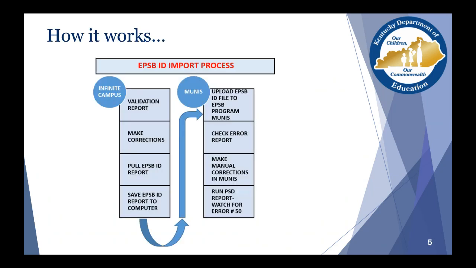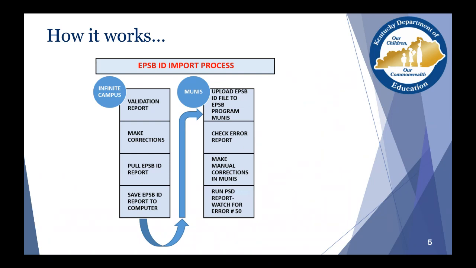So I wanted to give you a little grid. We're going to talk about each of these individually, but the EPSB ID import process begins with Infinite Campus. There are 2 reports that you can pull from Infinite Campus: the validation report and the EPSB ID report. You'll start out by pulling the validation report. From that report, you will make corrections. Once those corrections are made, you'll pull the EPSB ID report.